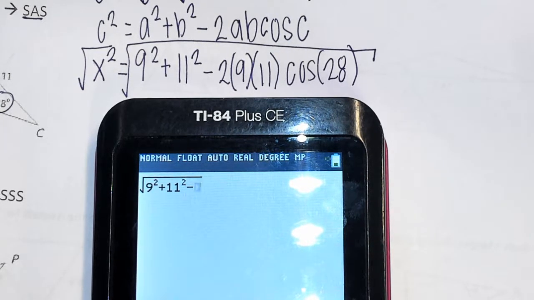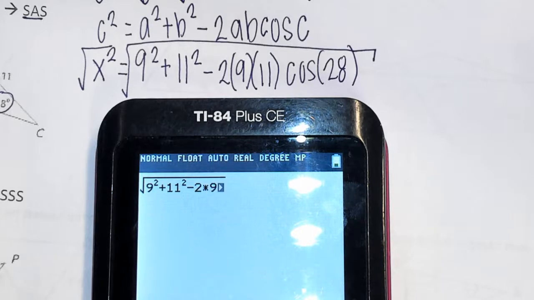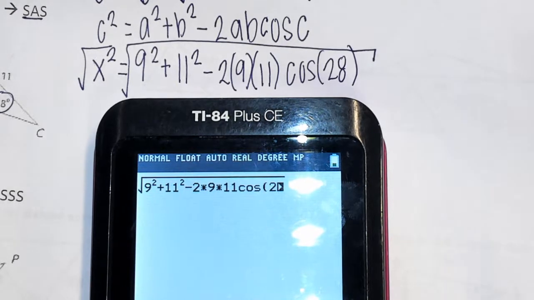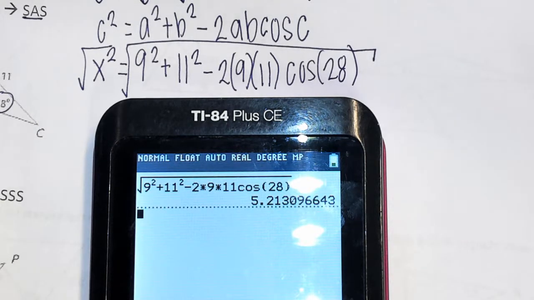Minus 2 times 9 times 11. You can press times, or you can just press cosine of 28. Not 29, 28. Yours should look just like that. 9 squared plus 11 squared minus 2 times 9 times 11 cosine 28. Enter. That's what I got.